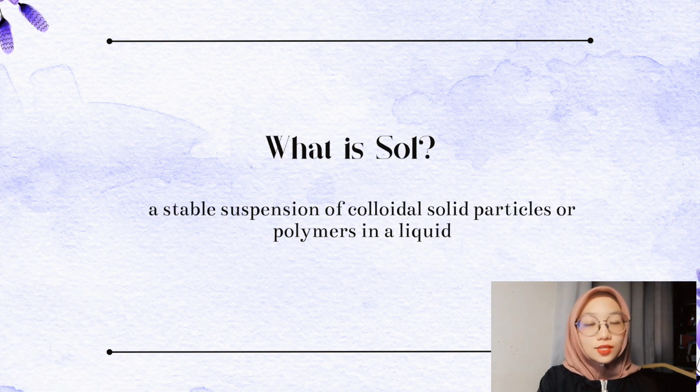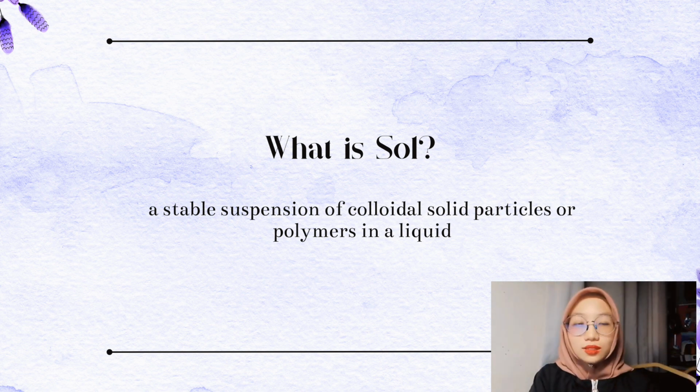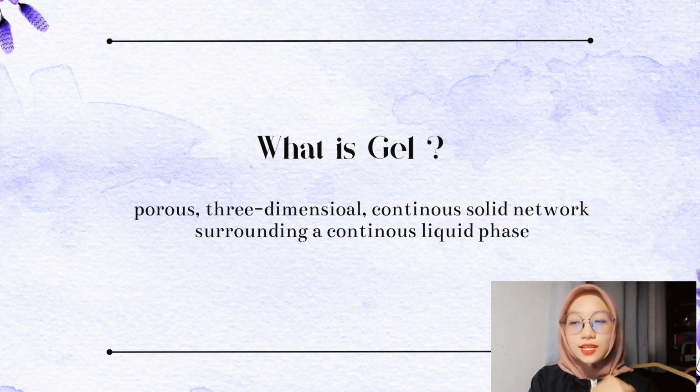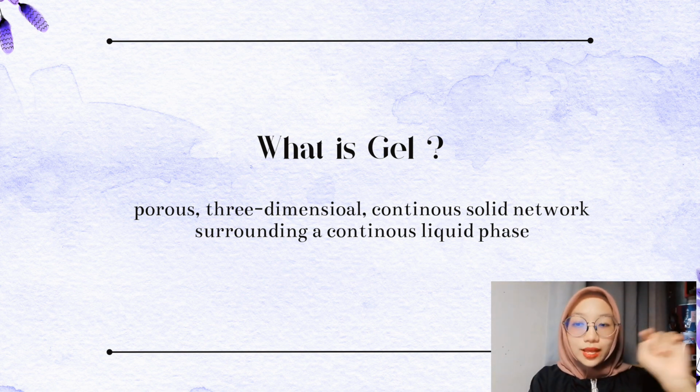To talk about the sol-gel method, what is sol? Sol is a stable suspension of colloidal solid particles or polymers in a liquid. How about gel? Gel is a porous, three-dimensional, continuous solid network surrounding a continuous liquid phase.